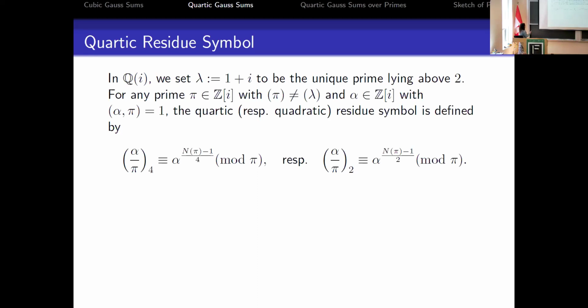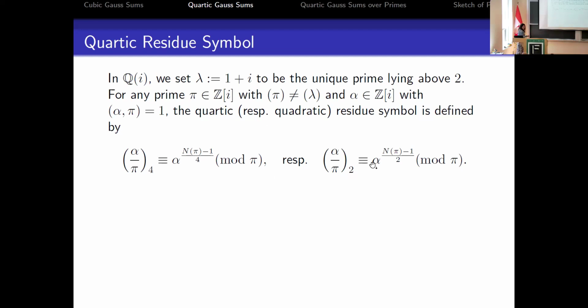The quartic residue symbol alpha over pi is defined as follows: given a prime element pi in Z adjoin i that is not associated with lambda, and given an integer element alpha that is relatively prime with pi, the associated quartic residue symbol alpha over pi is defined as such, the expected definition.